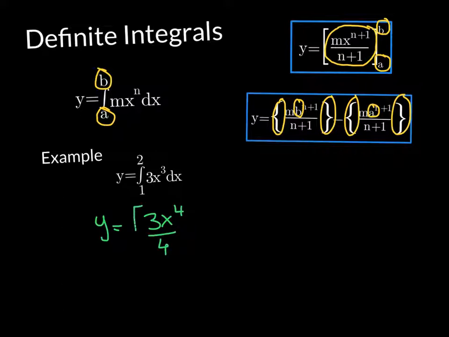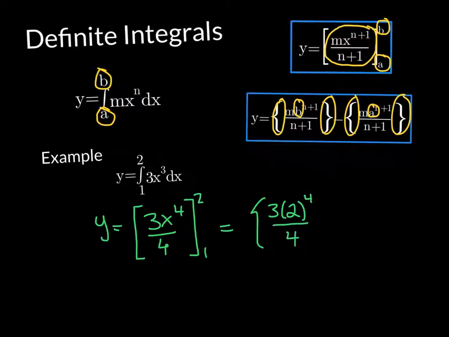And then putting that into the square bracket, we have an upper limit of 2 and a lower limit of 1. So we can then say that we are going to have, open your curly bracket, 3, and then we'll let x equal 2, the upper limit, to the power of 4, divided by 4. And then from that we're going to minus 3, and now we'll let x equal the lower limit, 1, to the power of 4, divided by 4.